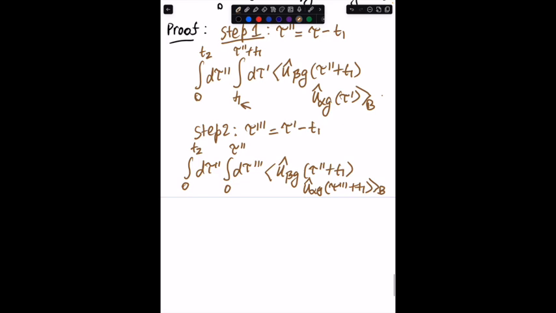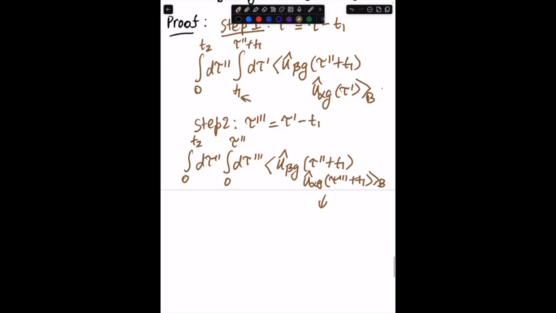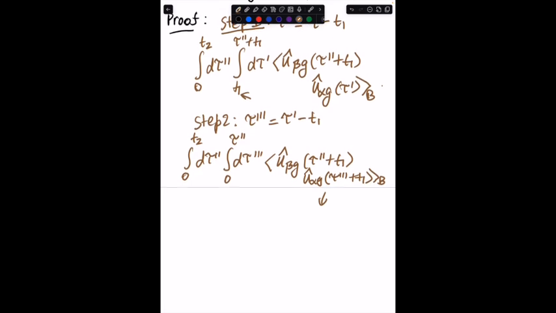Right, and using the property which I just described, where essentially it only depends on the duration over which you traverse, it's quite easy to see that if I introduce the e to the i H t over h bar everywhere and work the math out, this will be equivalent to u hat beta g tau double prime, u hat alpha g tau triple prime.